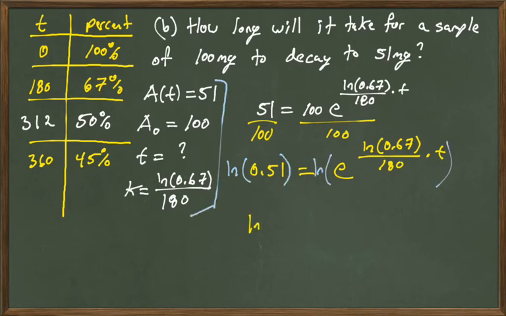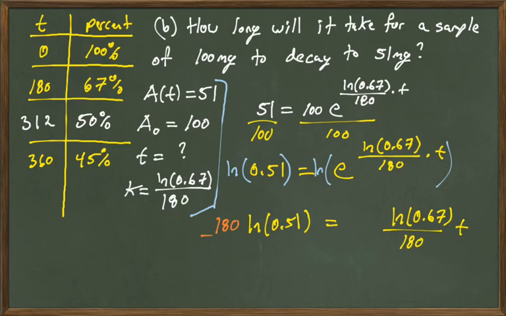The e and the ln will cancel, and so we have the ln of 0.51 is equal to the ln of 0.67 over 180 times t. We'll go ahead and multiply by that reciprocal again. All right, so what do we got going?